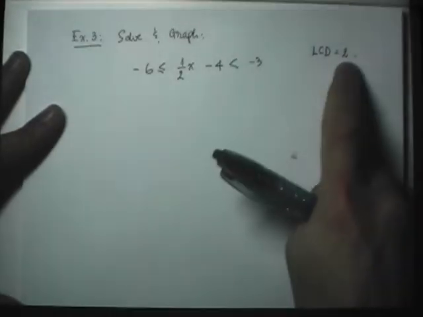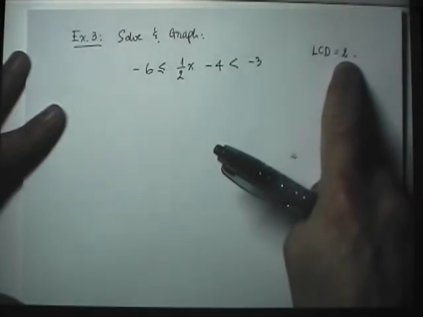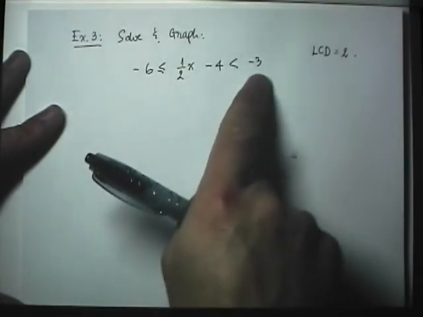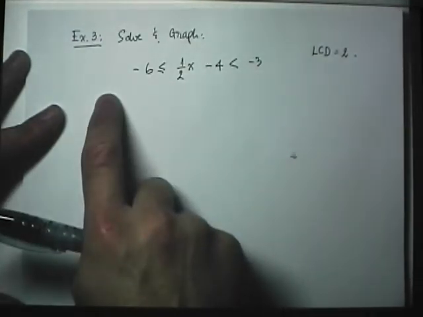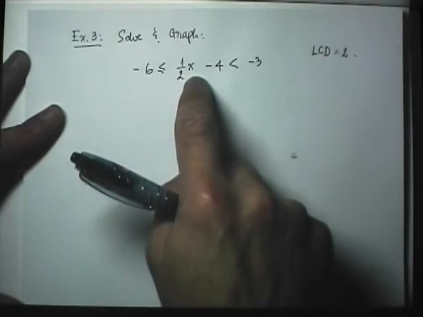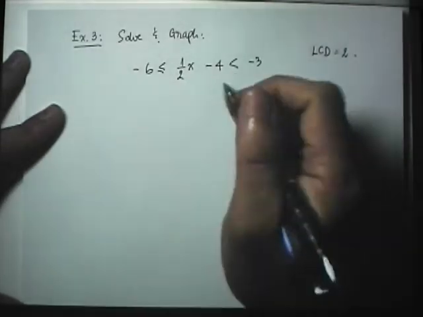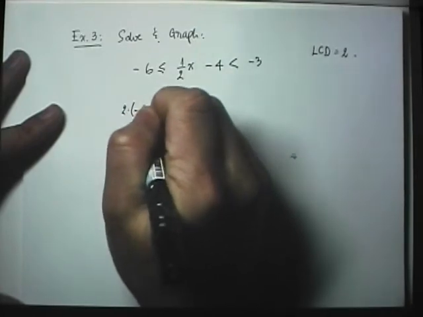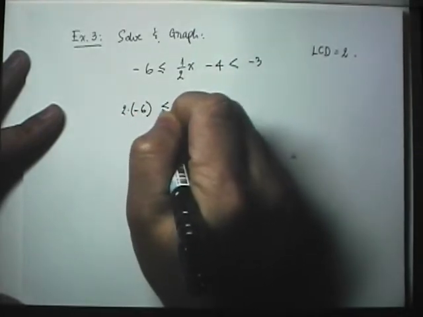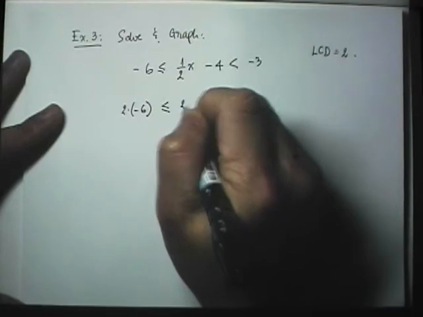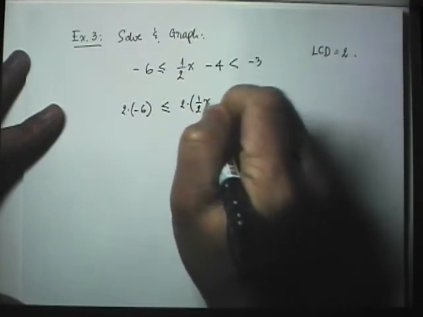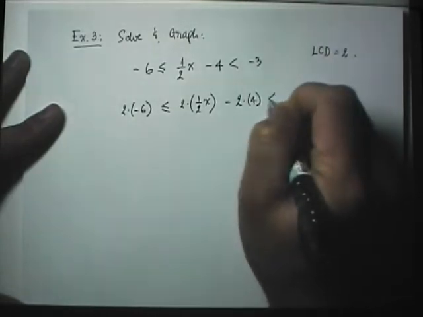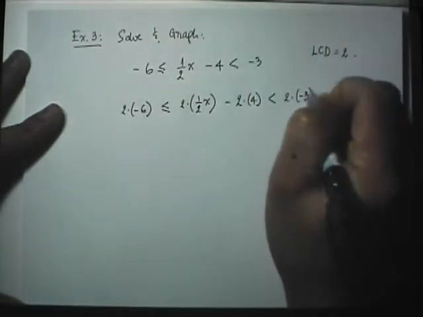Once you've found the LCD, which is a positive 2, you need to multiply it to all the terms throughout the three sides of this compound inequality, keeping the x in the middle. So on the far left, 2 times negative 6, less than or equal to 2 times 1/2 x minus 2 times 4, less than 2 times negative 3.